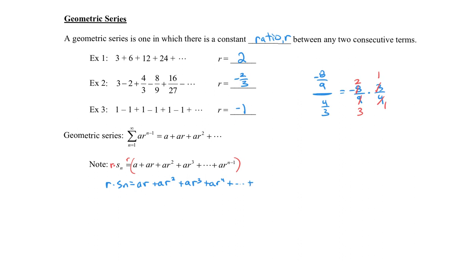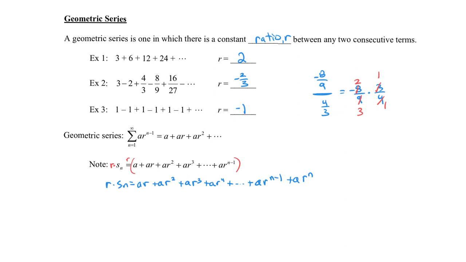Now think about this term: the term in this list previous to this one would be ar to the n minus 2. So this r comes through there, and that turns into ar to the n minus 1. So we have plus ar to the n minus 1. And then finally this last term here, when I multiply this by r, I have ar to the n minus 1 times r to the 1. So we add those exponents, and the minus 1 and the 1 will cancel. So that would give us plus a times r to the n.